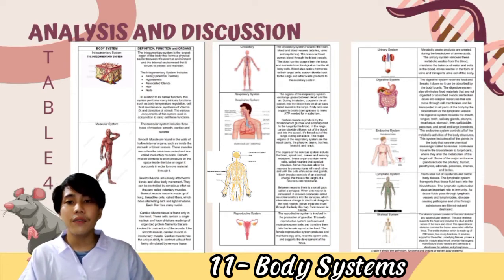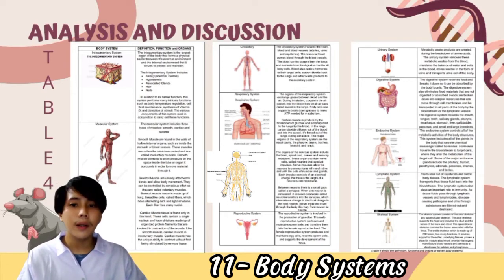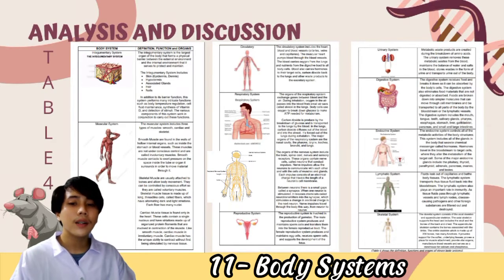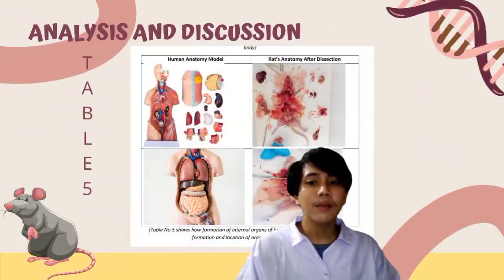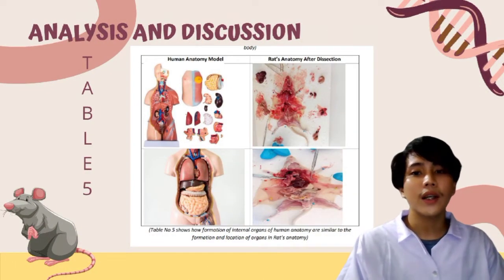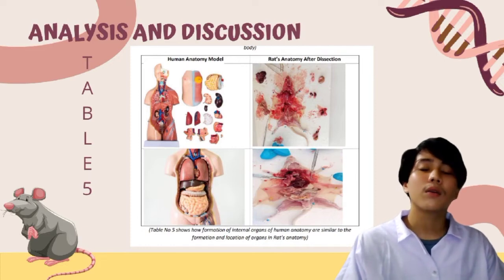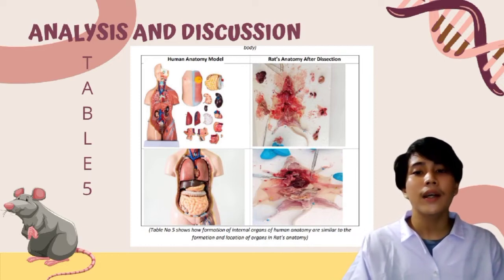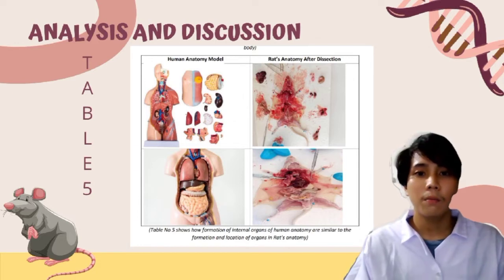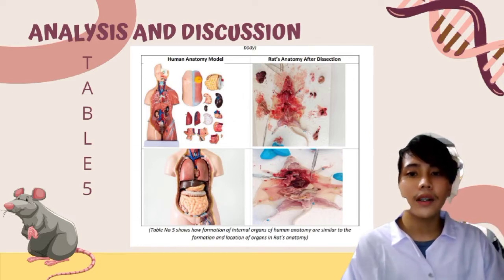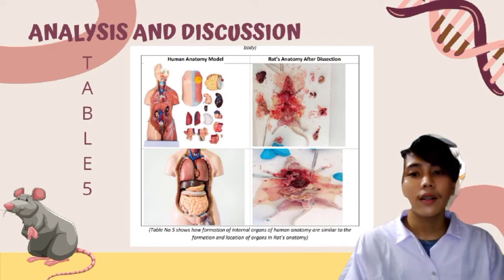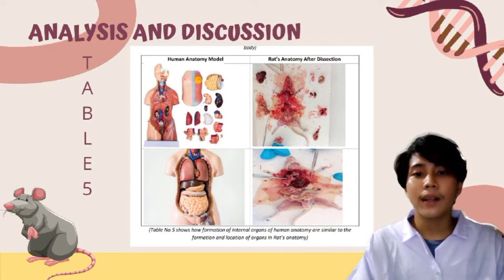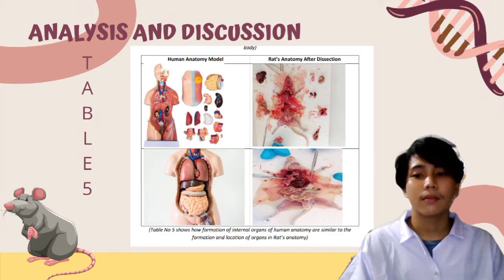Still, their definition and functions are given in table number 4, including some of the organs belonging to 11 body systems of living organisms, especially mammals. Table 5 shows the similarity of location and formation of organs or organ systems of human anatomy and rat's anatomy, proving that the same organism belongs to the same kingdom Animalia, phylum Chordata, subphylum Vertebrata, and class Mammalia.